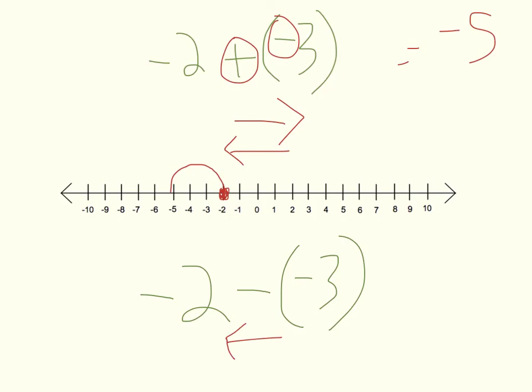Now, if it says, whoa, slow down, you've got a negative sign there, what happens to my sign? I turn it around and go to the right. So if I'm starting at -2 and I say subtract -3, I'm going to move 3 spaces to the right and end with +1. And really, it's not that bad. You can do it.